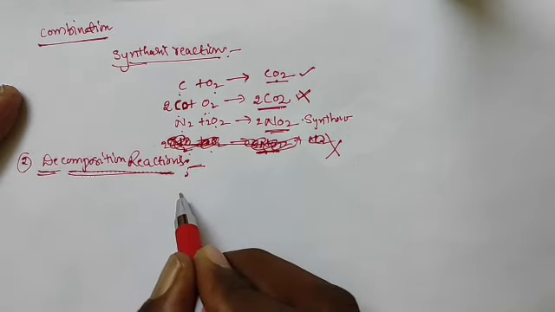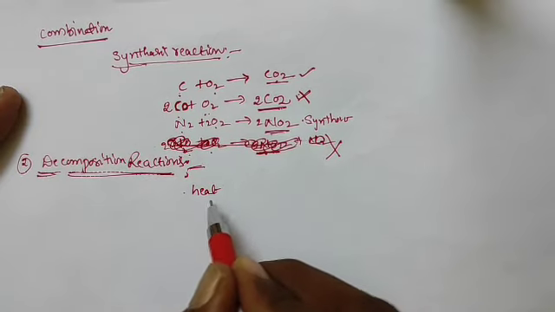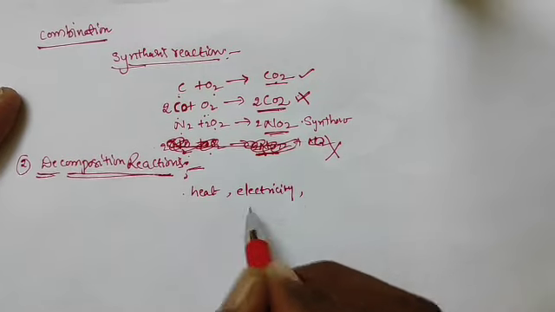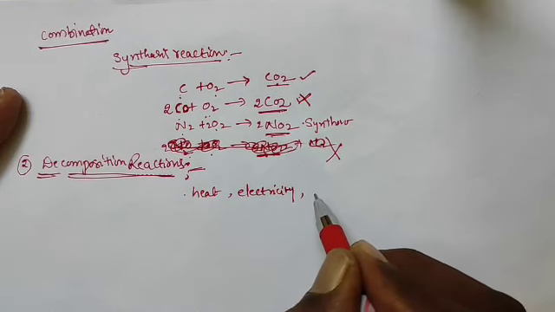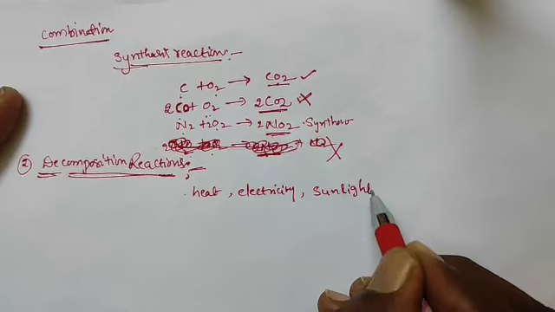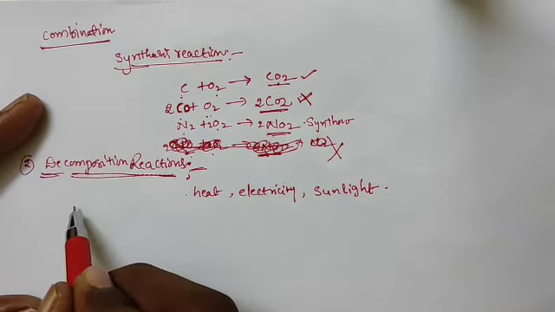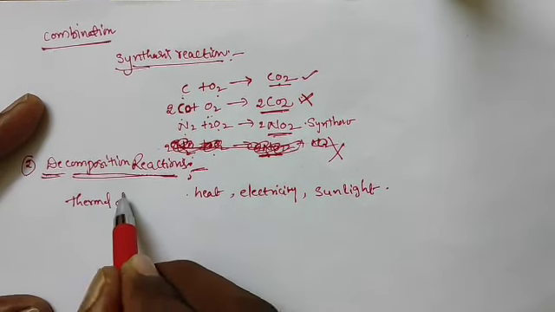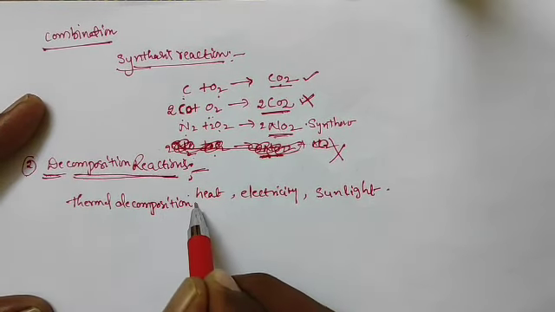Based on heat, electricity (meaning current) and sunlight, there are three types of decomposition reactions. One is the thermal decomposition reaction.